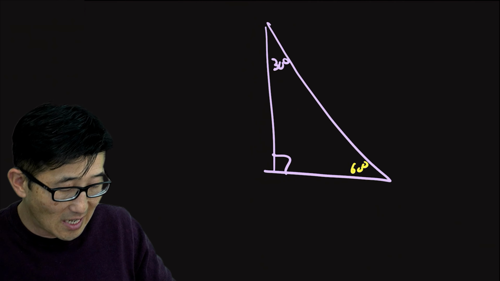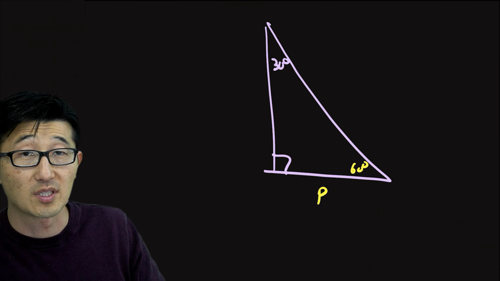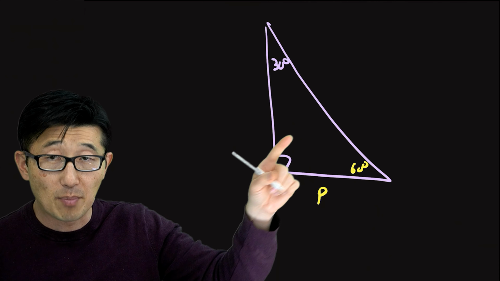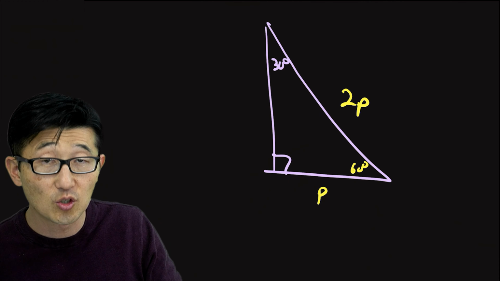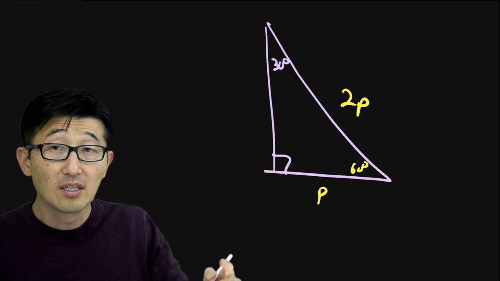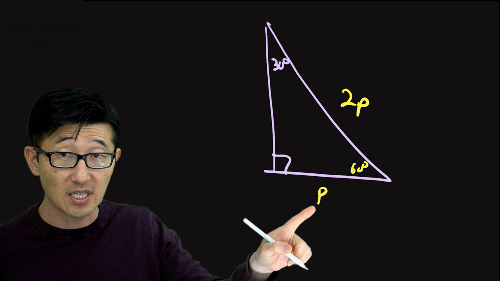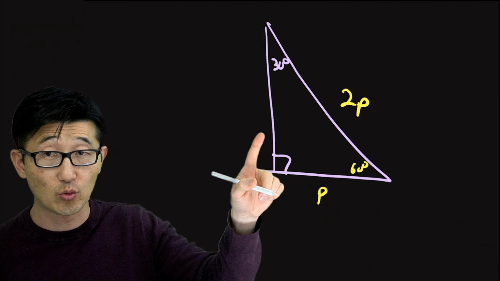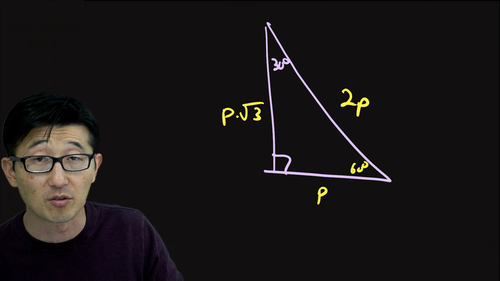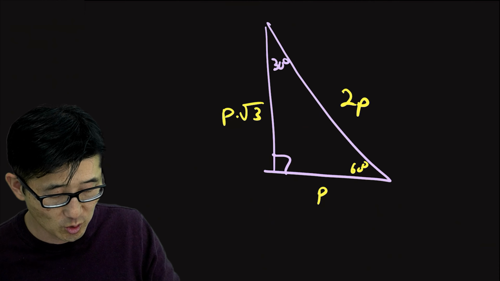If one of the sides happens to be the letter P, the side opposite of 30 will be the smallest side. The hypotenuse is always double that, so it's 2P. I'm just using P as a general designation. Based on P, the side opposite of 60 degrees, the medium side, all you have to do is multiply by radical 3. And that's what I'm doing.